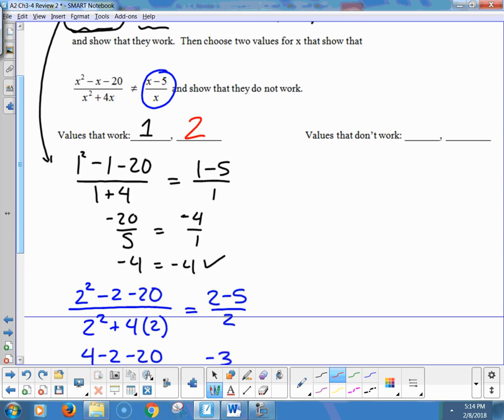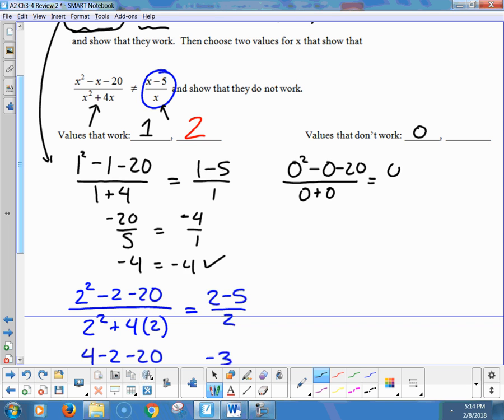If you're wondering what values might make this equation not true, I'm hoping you're recognizing that anytime you divide by 0, all bets are off. And so I'm thinking that if my denominator is, well, let's say my denominator is 0, then this equation would be 0 squared minus 0 minus 20 over 0 plus 0.